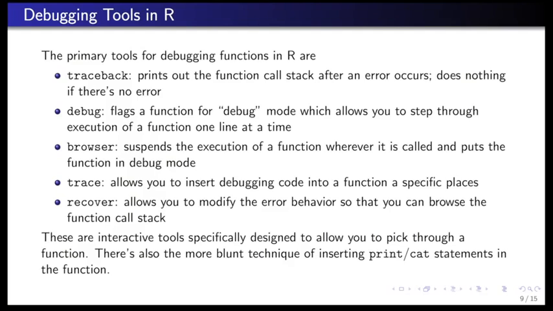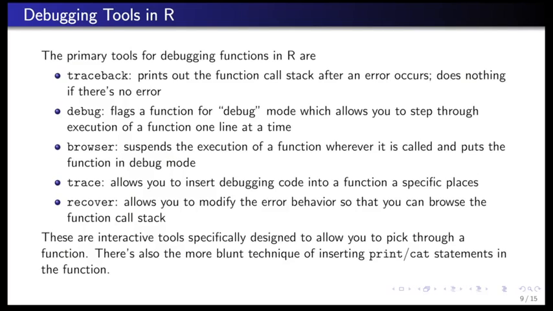The trace function allows you to insert debugging code into a function without actually editing the function itself. And this is handy if you're debugging someone else's code, right? So for example, there's code in a package and you can't easily edit the code in that package, or there's code in base R itself, or something like that.